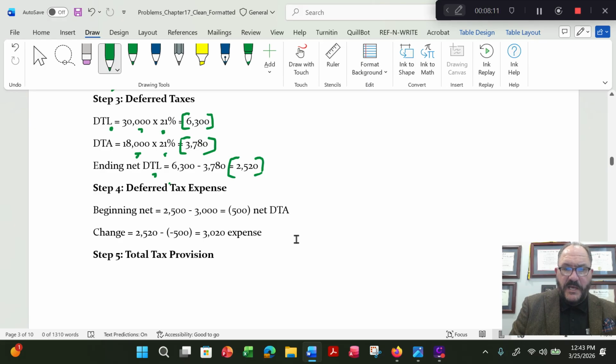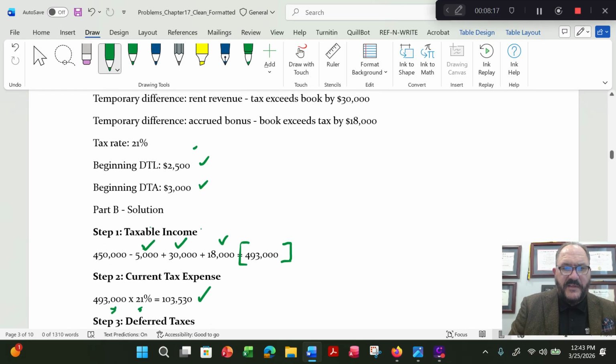At the beginning, we had a net deferred tax asset of $500. And by that, they mean here, we have a net deferred tax asset between these two. So 3,000 minus the 2,500 is 500 DTA.